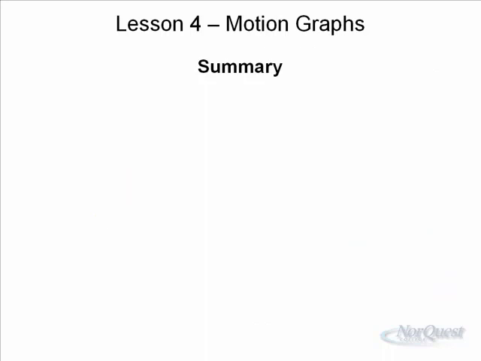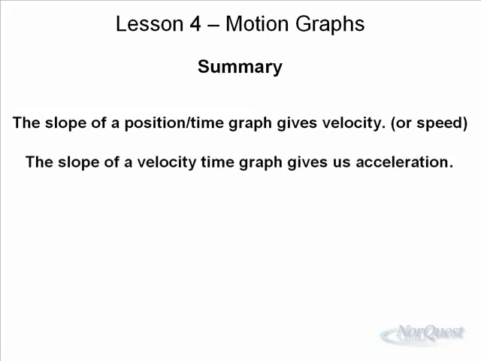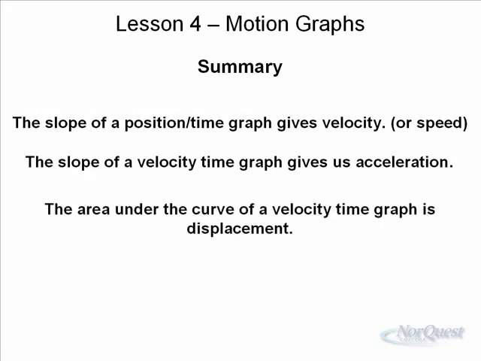And just a very important summary of these findings: the slope of a position time graph gives you the velocity, or if you don't have direction, it will give you the speed. The slope of a velocity time graph gives you the acceleration. And of course, the area under the curve of a velocity time graph is the displacement.